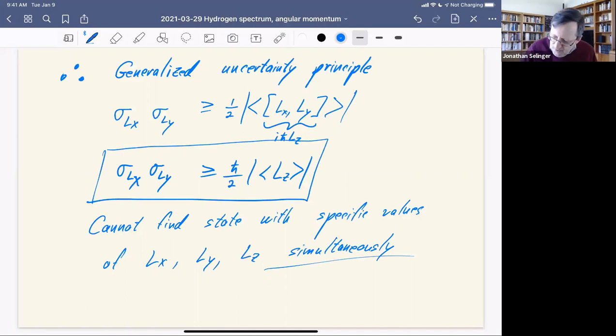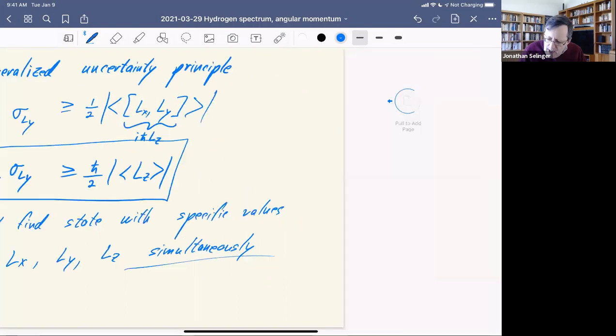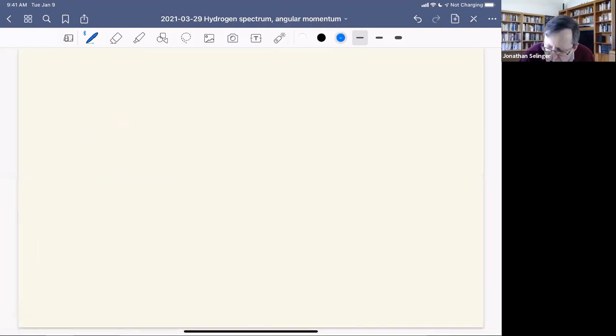Now, you might ask, what about the magnitude of angular momentum? So let's think about L squared. With any vector, there's a square of the vector, which is a scalar.